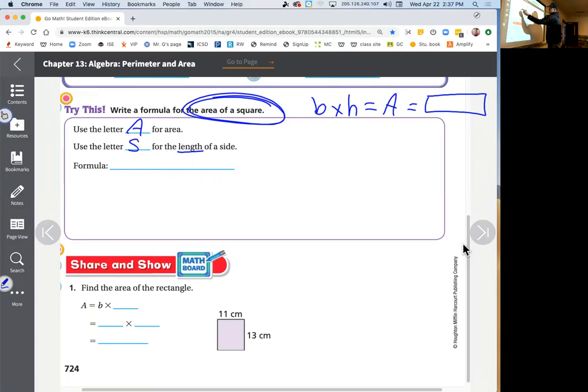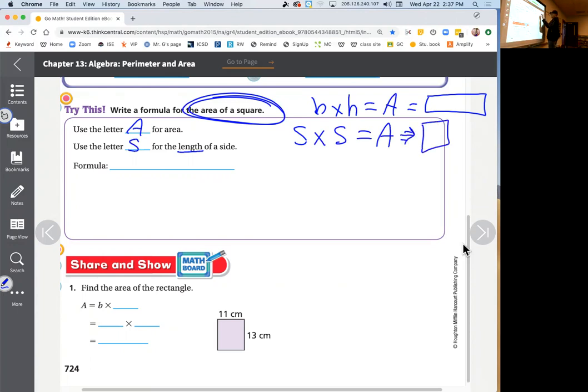So we're just going to use S. Kind of like what we did last time. Remember for perimeter, we just did 4 times S because 4 sides of a square, they're all the same. Well, this time, we're just going to go side times side equals the area, and this is of a square.